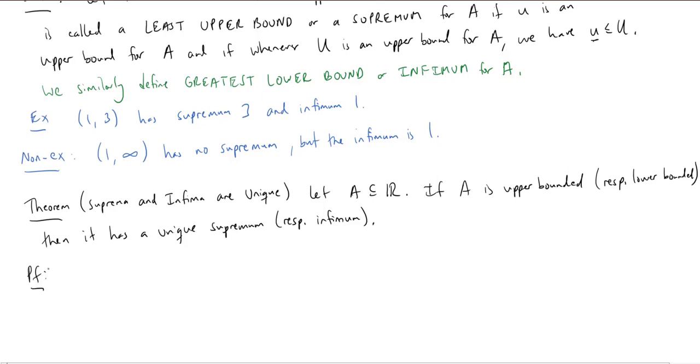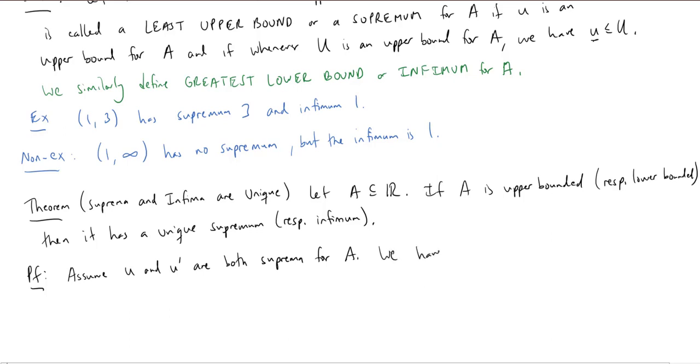And I'll just prove it for the suprema, but the same proof essentially will work for infima. So we assume, well, it's already assumed that A is upper bounded. So let's assume we have two upper bounds, right? In fact, not just upper bounds, but least upper bounds. We have two suprema. So assume U and U prime are both suprema for A. Okay.